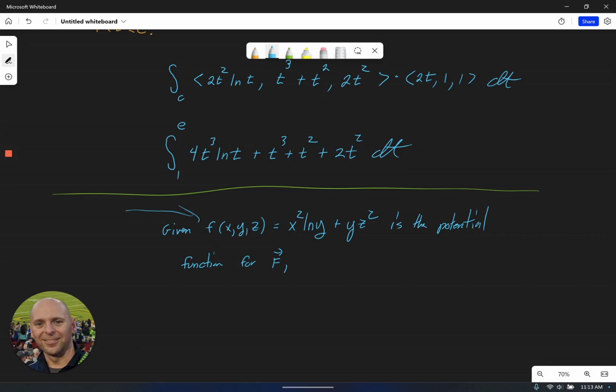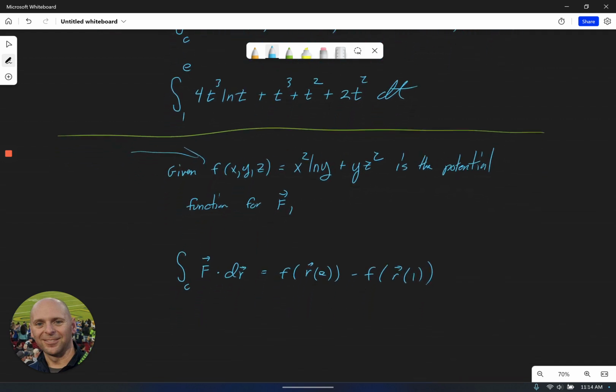We have our integral over C of F dot dr is just going to be equal to the potential function f of r at the end point, which is e, minus f of r at the initial point, which is at t equals 1. Then we just set it up and solve it that way. We don't actually have to anti-differentiate because in a lot of ways this potential function represents the antiderivative of the vector field.